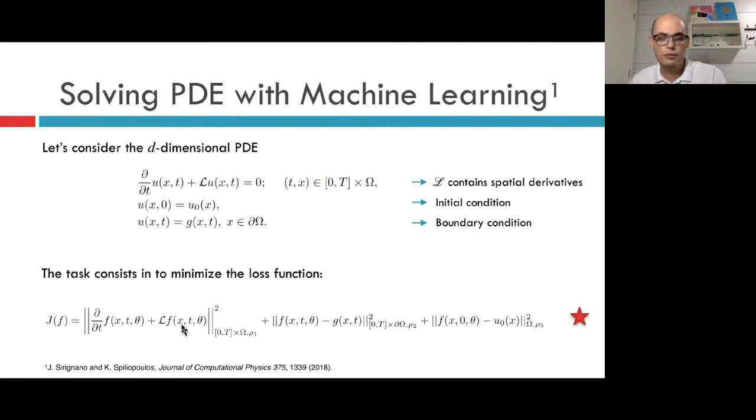Observe that this function f is a function of x and t, but it also needs another parameter, theta, a set of parameters used in neural networks to obtain this fit.